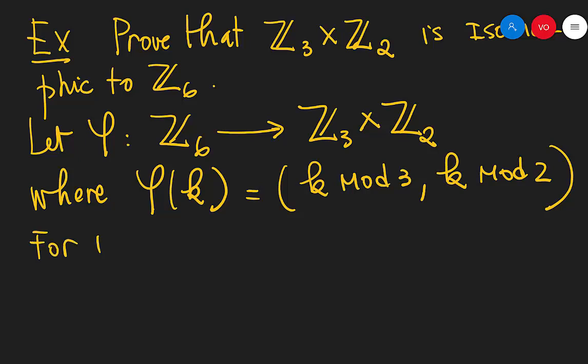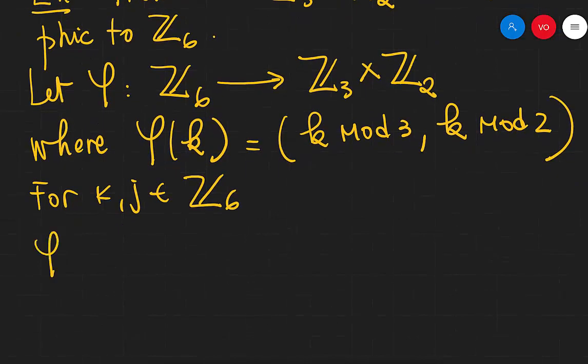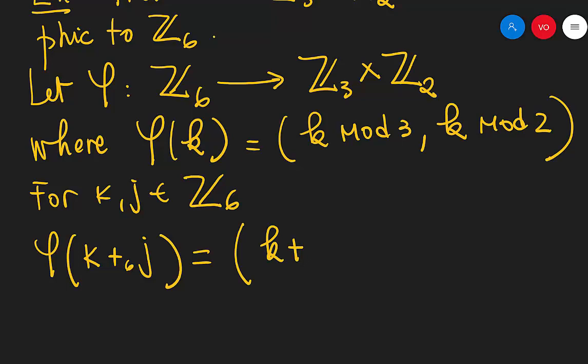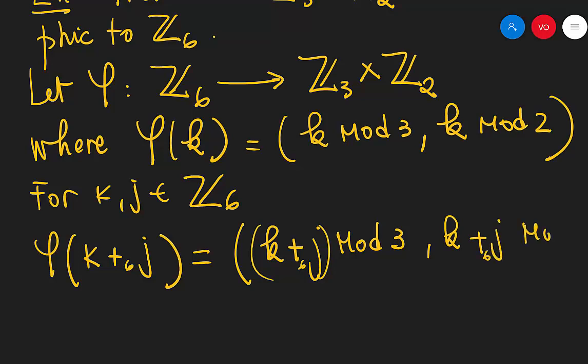So for k and j in Z6, if we do the operation k plus j, and for me here this addition is really modulo 6, that will be (k plus j, whatever this is, mod 3) and (k plus j mod 2).